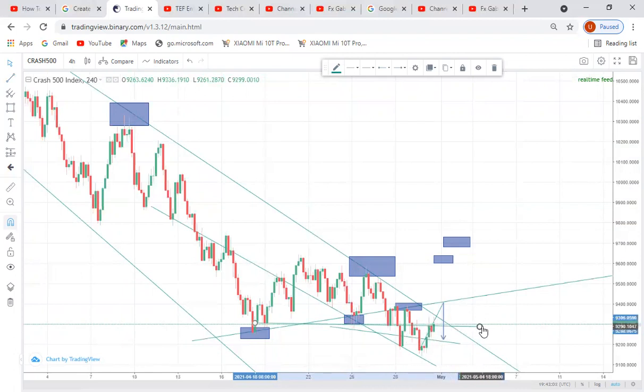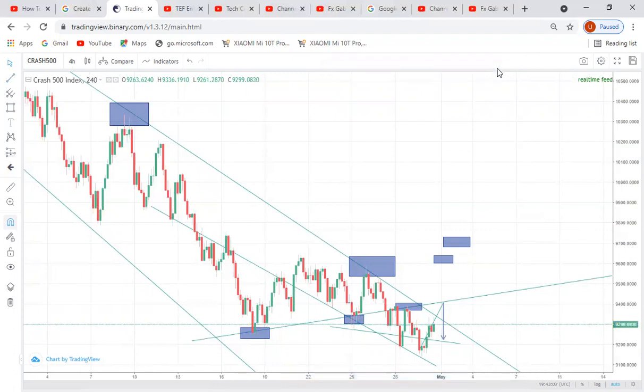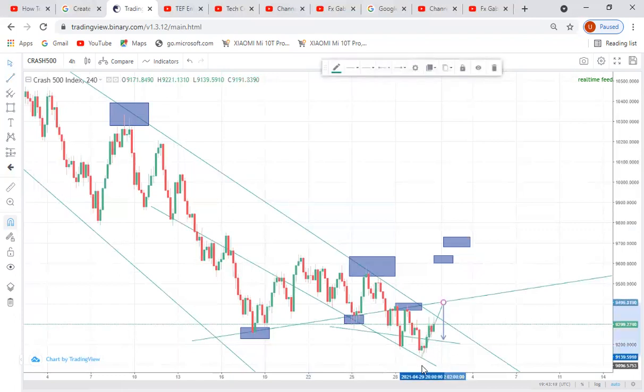So this is what I'm expecting from this pair, because I want to take the trade. I left the trade because I entered somewhere here and the market retested, so I had to secure profit. But since I wasn't on the chart, now this is what I'm looking at, this pair, Crash 500.